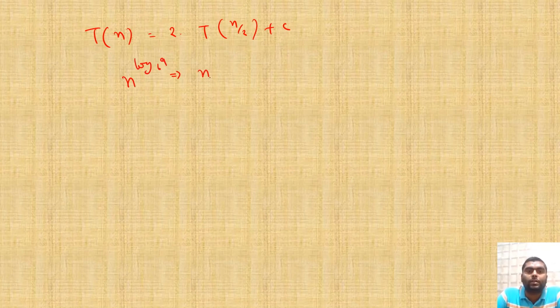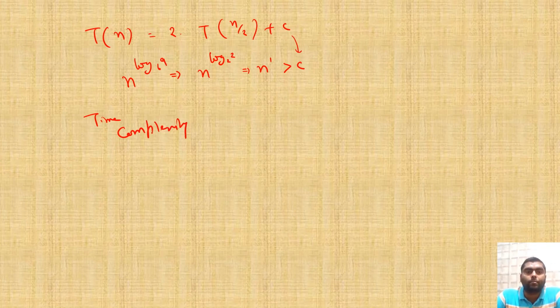So here, n raised to the power log 2 base 2, which is nothing but n raised to the power 1, which is greater than c. So finally we can say the largest one is our answer. So the time complexity for this is going to be order of n. So I hope this is clear.